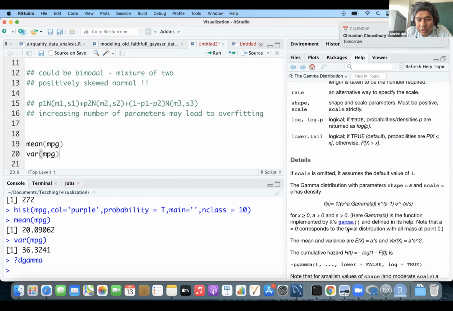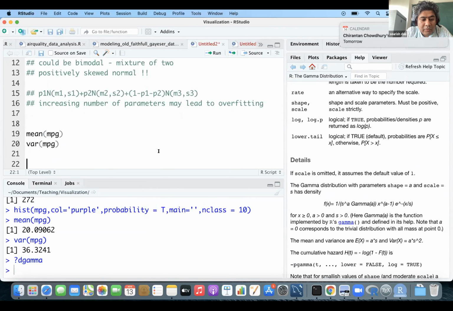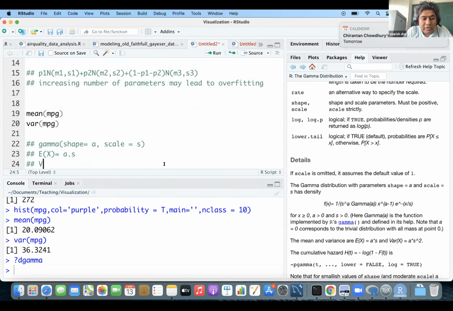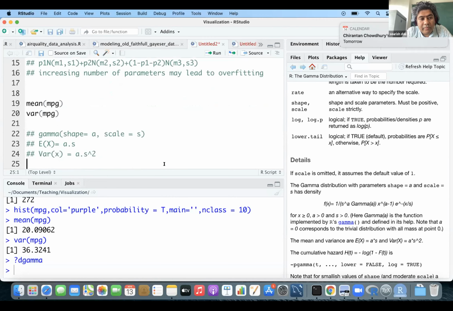Here the shape is A. So basically we are going to fit a gamma with shape equal to A and scale equal to S. And they're saying that the expected value of X is A times S, and the variance of X is A times S squared.